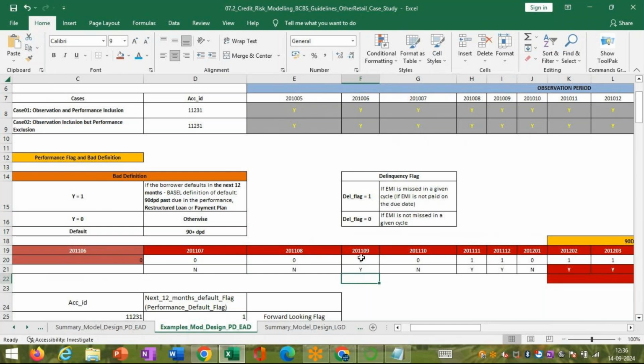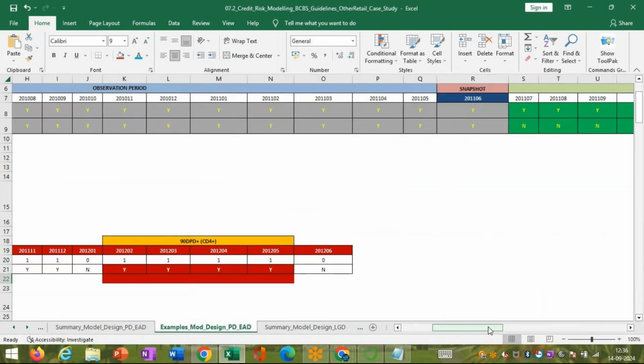So if I am choosing 2011-09 as my snapshot, up to which point will this go?